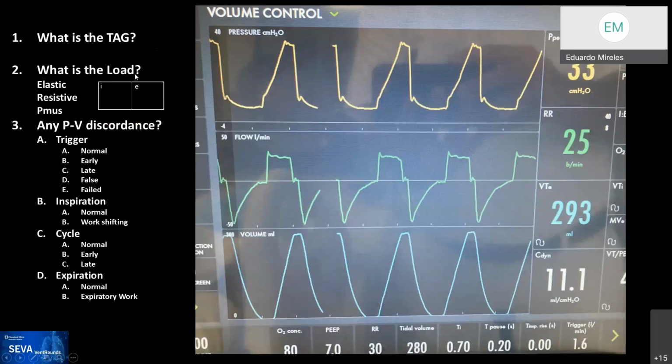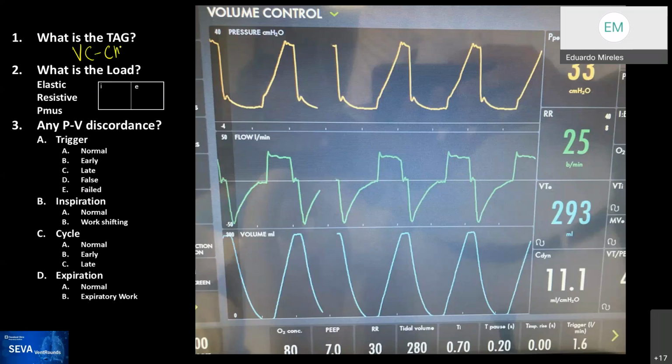So we're going to get started, and this is the first waveform that we put on for all of you to read and go through. You want to give it a try? Speak loudly so that they can hear you, and I'll be writing on the board as we're going through it. Okay. So this should be VC-CMVs.